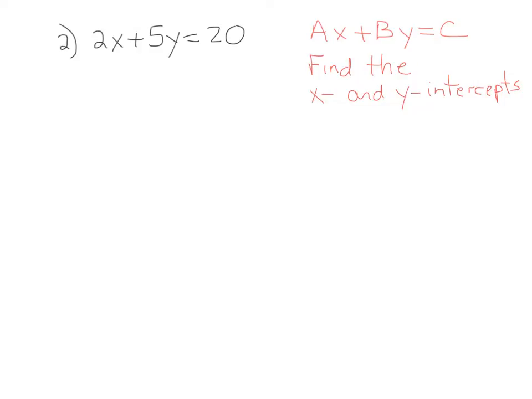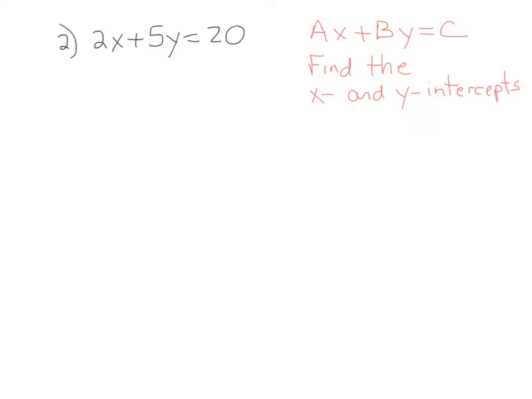It'll work really well when the a and the b will easily divide into the c number. So does a divide into 20? Yeah, easily. And does 5 divide into 20? Yes, it does. 2 goes into 20 10 times. 5 goes into 20 4 times.